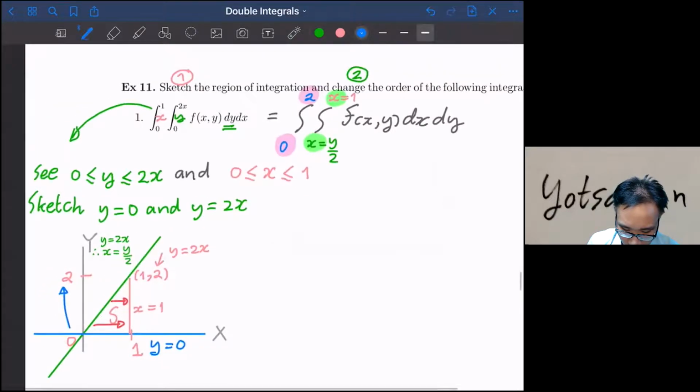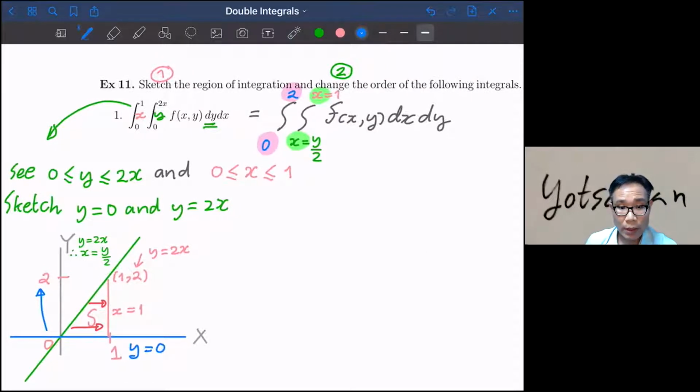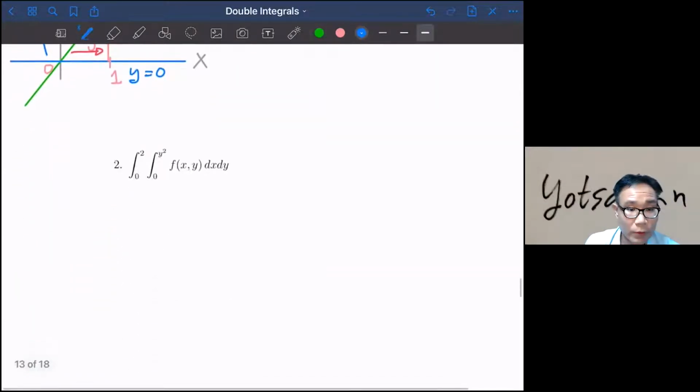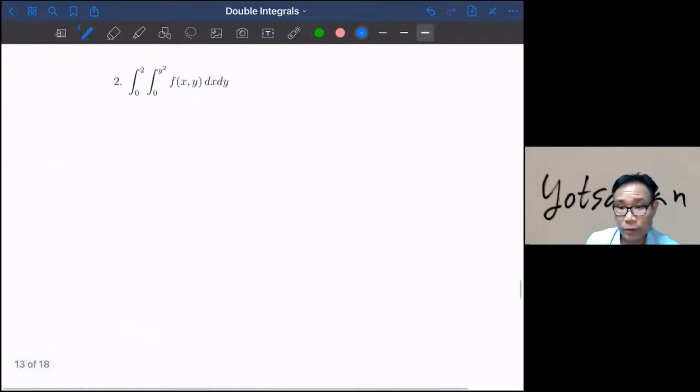So this one will be just like example 11, where you have the reverse order. The next one is kind of the same thing. You have the double integral from 0 to 2, integral from 0 to y squared, f(x,y) dx dy.